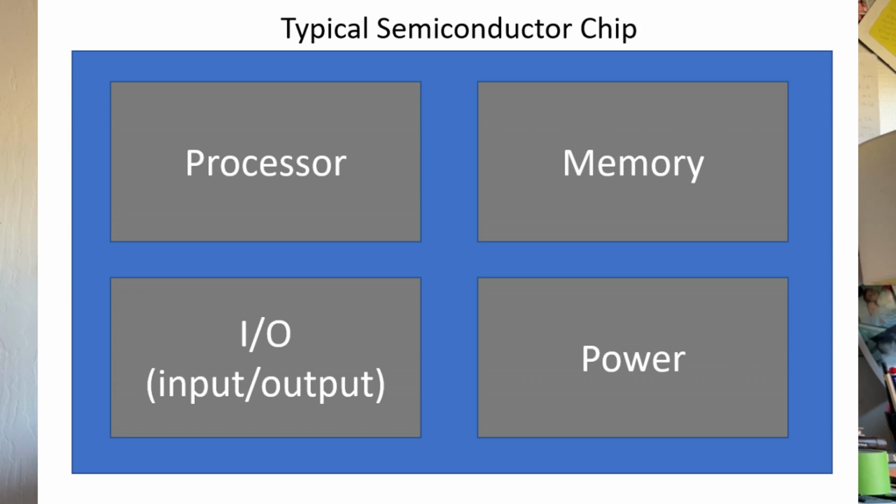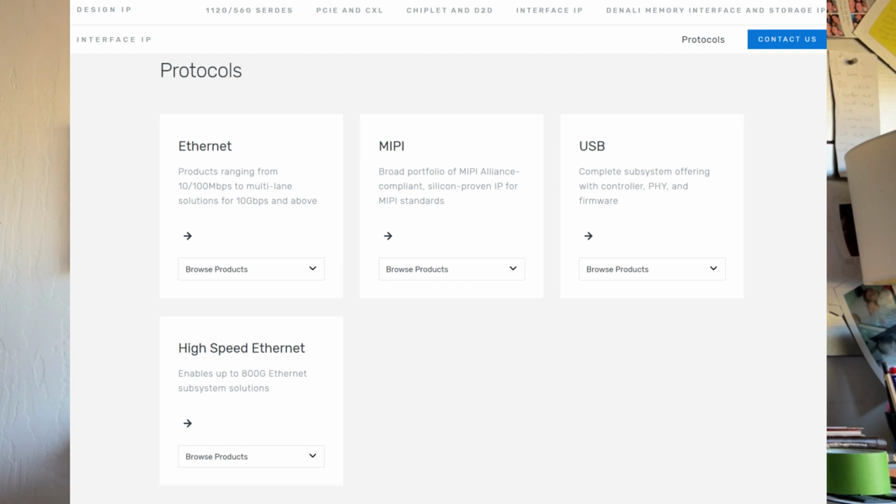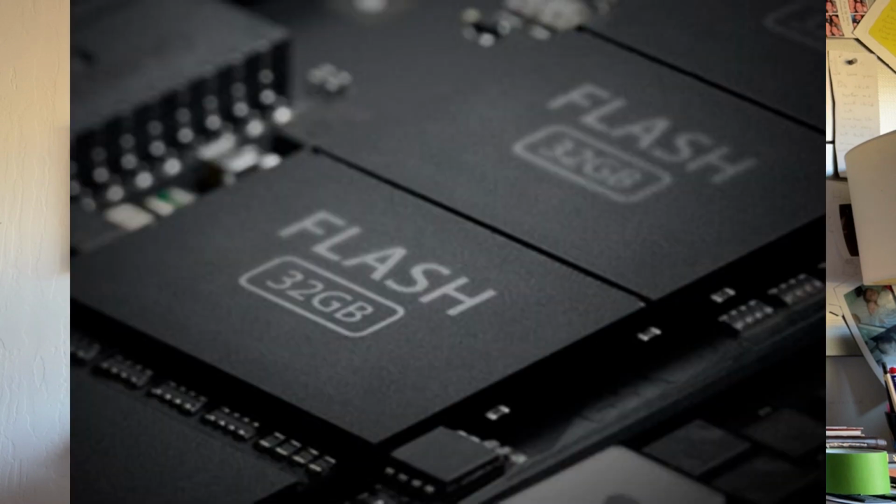But the point is, most devices are going to have some type of processing, memory, power, circuitry, and then I/O. And I/O, you could think of as maybe what the chip does if it's a simpler device. Maybe it's a Wi-Fi chip, or maybe it's a flash memory storage device. So that's just an overview.